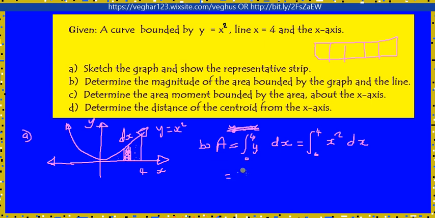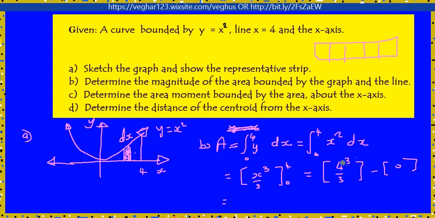So integrating this one, you will have x cubed over 3, with limits 0 and 4. So the 0 one, if you substitute 0, everything will be 0.